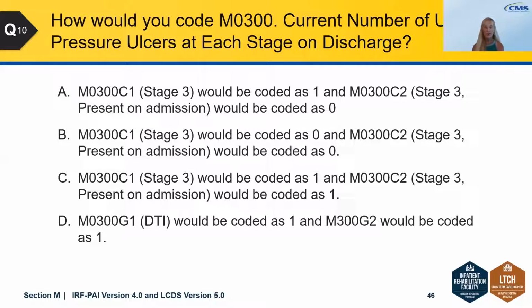C, MO300C1, stage 3, would be coded as a 1, and MO300C2, stage 3, present on admission, would be coded as a 1. Or finally, D, MO300G1, DTI, would be coded as a 1, and MO300G2, DTI, would be coded as 1. So take a few seconds and lock in your answer.